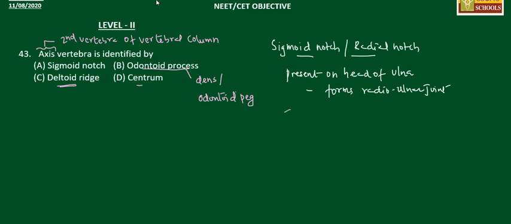The centrum is the portion of the vertebral column where we see the presence of the intervertebral disc. So this portion is the centrum, and we find different structures, the spines. This is the central portion where the intervertebral disc is present. I'll show you the picture.